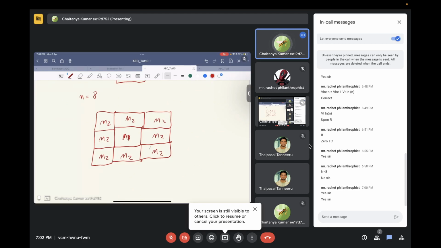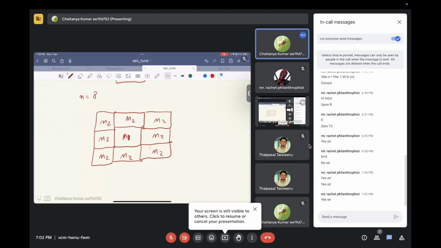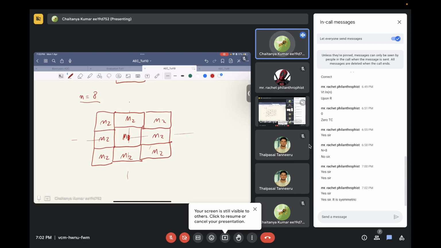You understand this? What this helps you do is, this is now symmetric both about the x-axis and y-axis. So 8 is a convenient number which makes your layout look symmetric. So generally your value of n is taken as 8.